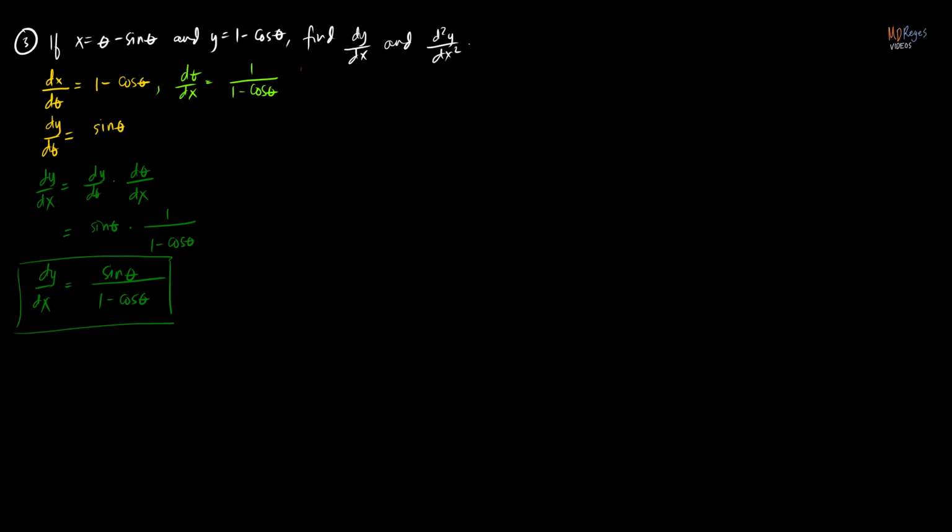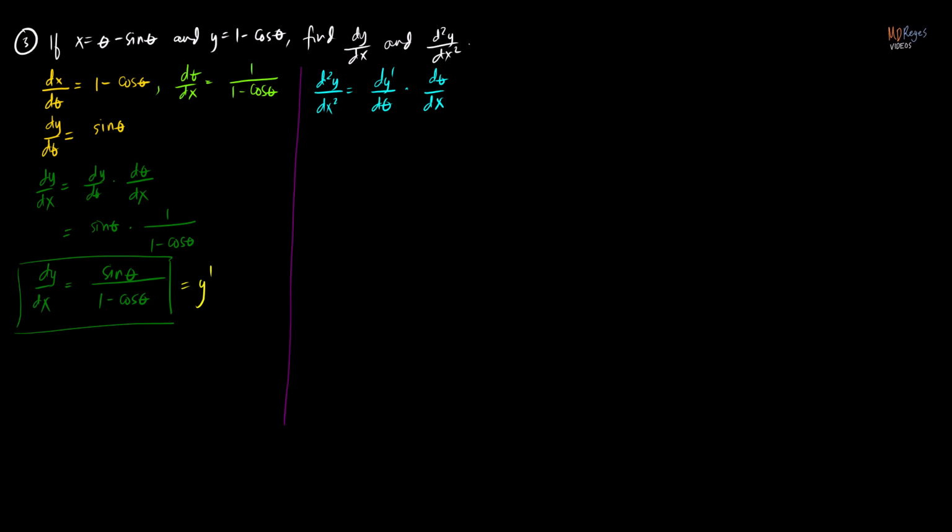Now on to the second derivative of y with respect to x. The second derivative is equal to dy prime over d theta times d theta over dx, where y prime is equal to this.